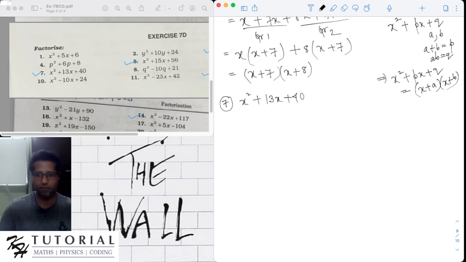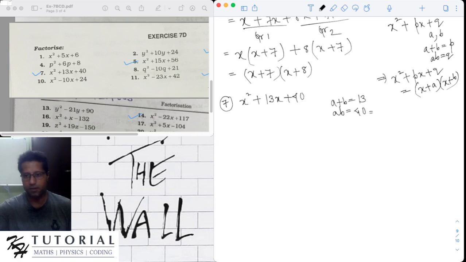So definitely I cannot form this expression as a square plus b square plus twice ab, because 13x cannot be expressed as twice ab. So I have to apply the concept of quadratic trinomial form. So I must have a plus b equals 13 and ab equals 40.